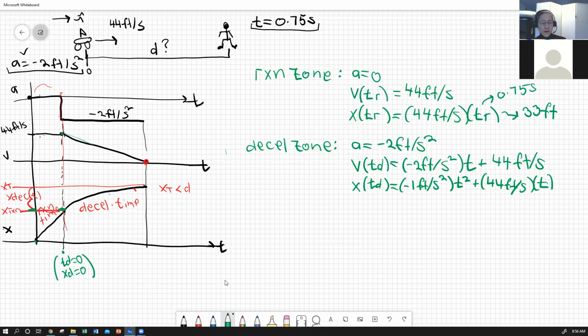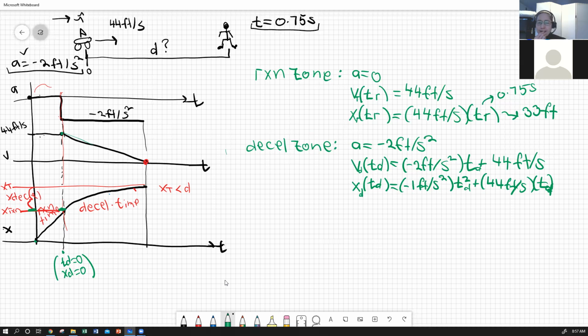So I've already established that when T sub D, the deceleration time, is 0, my distance covered within the deceleration zone is 0. So when T sub D is 0, X sub D is 0. Again, this is the breaking it up part. I should index everything by zone. It's the zone-specific method as opposed to the continuous-over-the-whole-problem method. It should be T sub D. That's really important, not to get sloppy here.